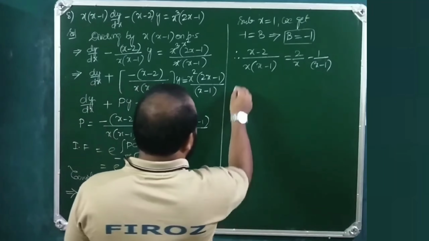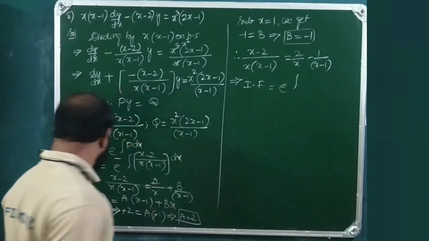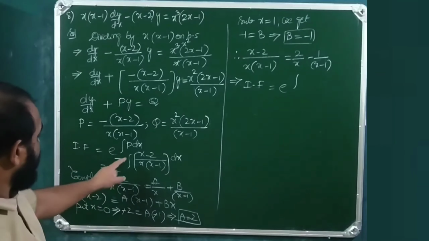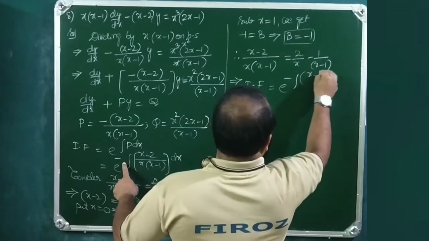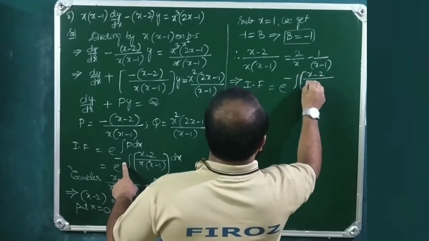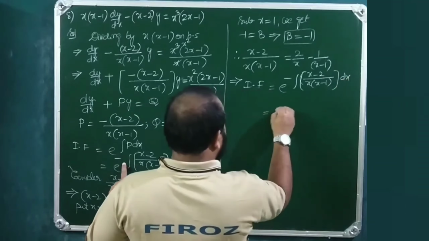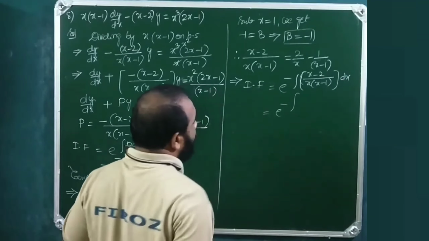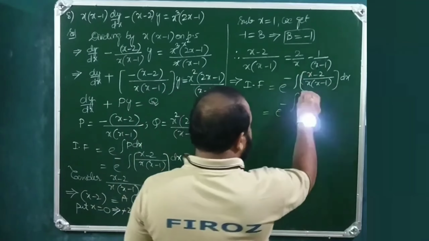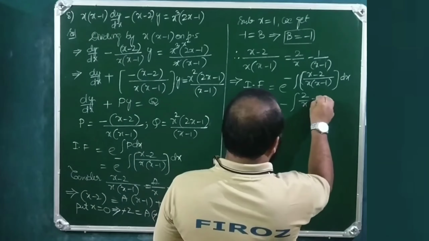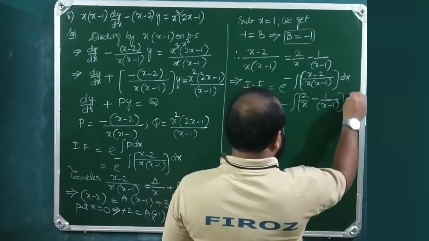So integrating factor is equals to e power integral minus of x minus 2 by x into x minus 1 dx is equals to e power minus of this, x minus 2 by x into x minus 1 value is this, 2 by x minus 1 by x minus 1 whole dx.